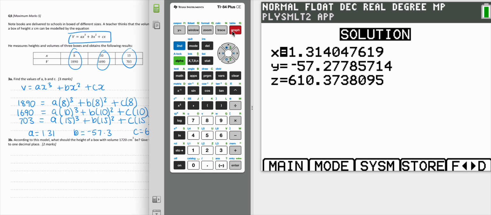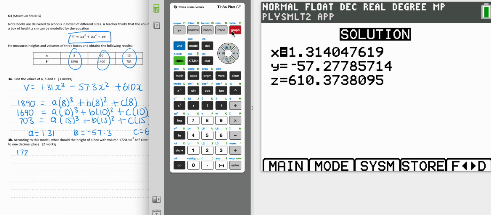So we now know that our equation, we could actually erase this one here, and we know that V is equal to 1.31 x cubed minus 57.3 x squared plus 610 x. And then for part B, according to this model, what should the height of the box be if the volume is 1720?